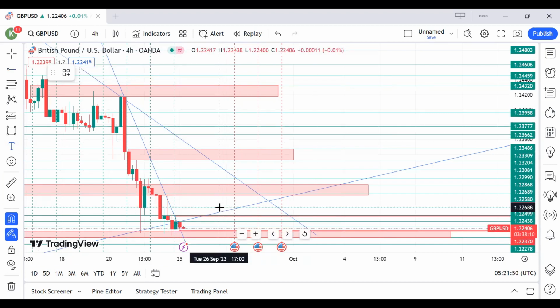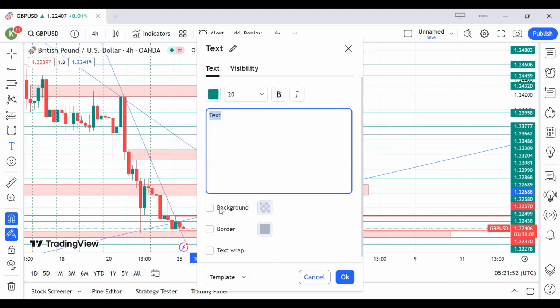The high helps us identify that anytime candles or price moves into this region, we'll be looking for buy. So we call it the buy region, right?